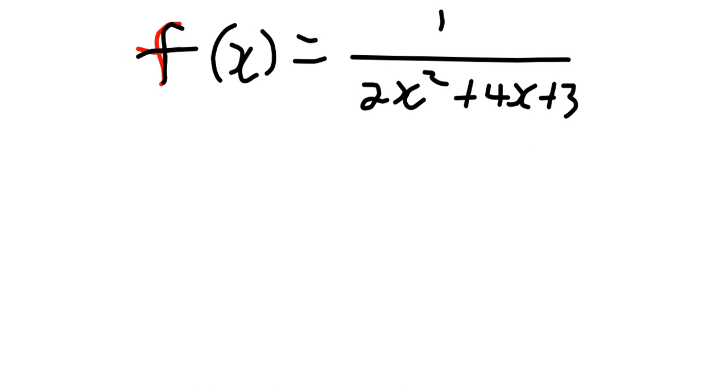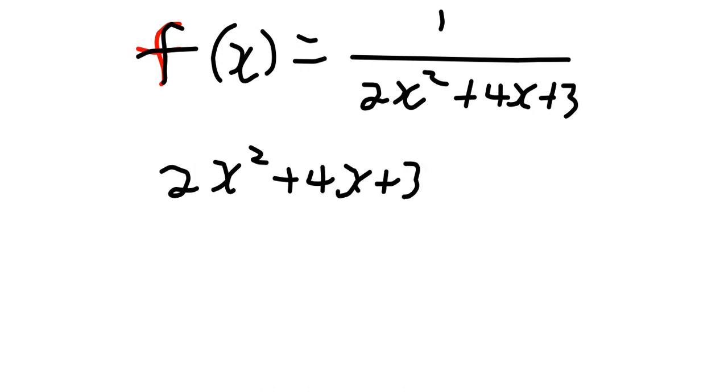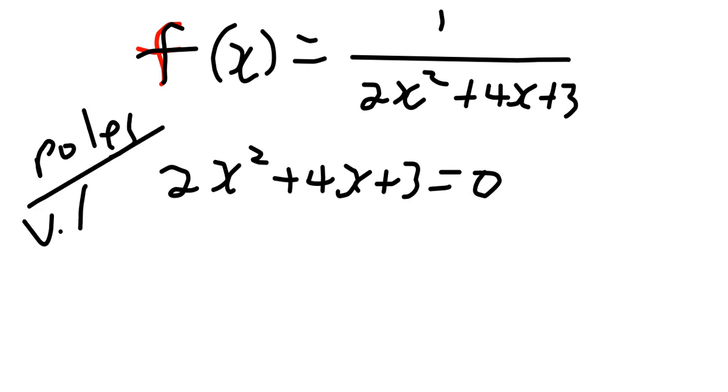Now we're looking for vertical asymptotes, so we're trying to determine when our denominator is equal to 0. So you try and solve something like 2x squared plus 4x plus 3 is equal to 0. We're doing this to find our poles. And remember, our poles are the location of our vertical asymptote.